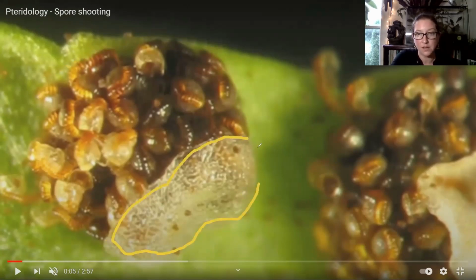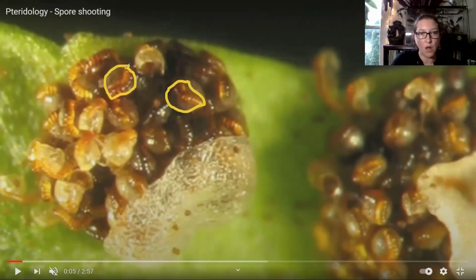Here it is. That was covering those sporangia, but the conditions are right now. And then each of these is a sporangium. So all of these together are sporangia. Notice you can see the annulus there pretty well. But anyways, these sporangia are going to shoot their spores.